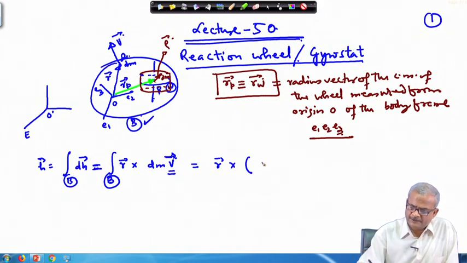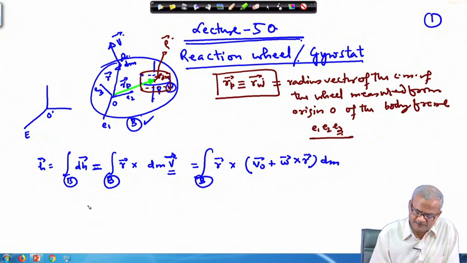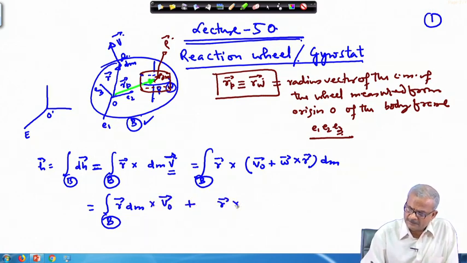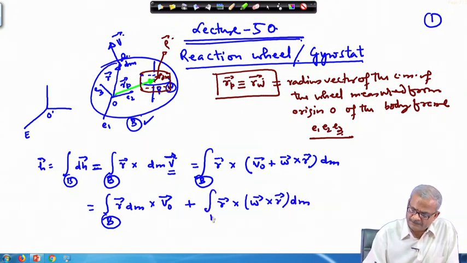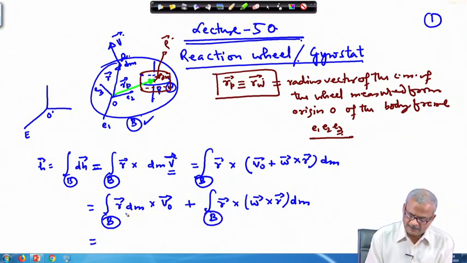And what this quantity v is obviously v 0 plus omega cross r, and this type of integration we have done numerous times. So, I hope that you are now by this time conversant with this integration over the body, r dm cross v 0 plus r cross omega cross r dm, this is integration over the body. Okay.